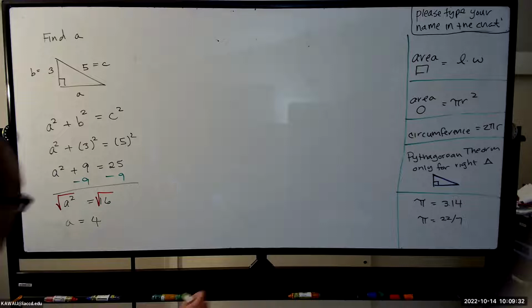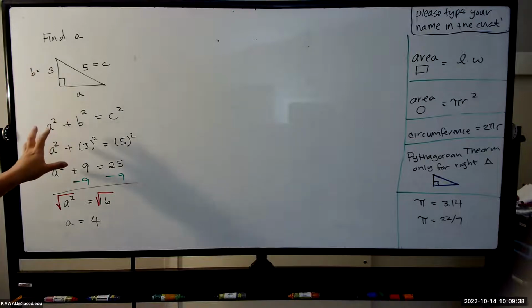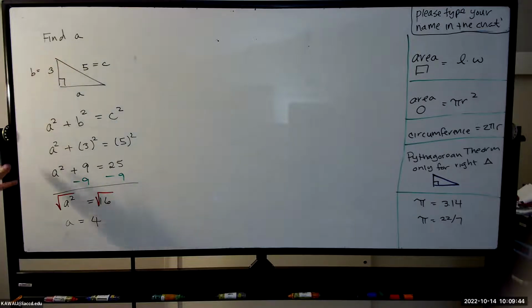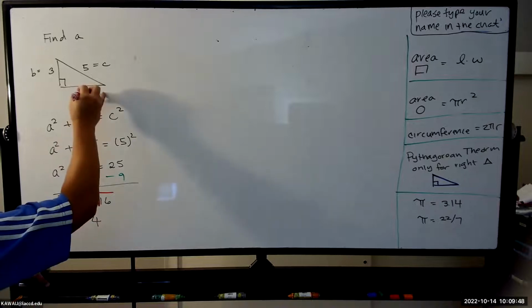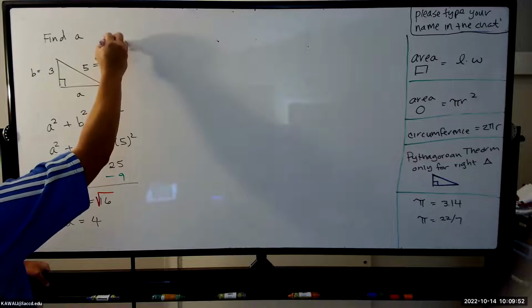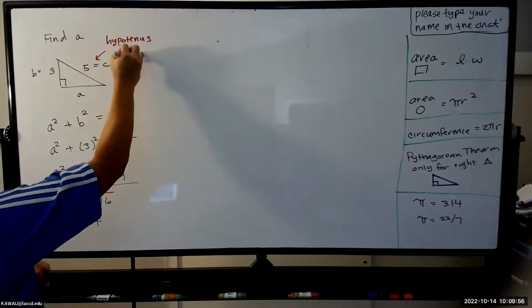that's better. Now let's start talking about the names of the different pieces, because they may not give you an actual triangle, they may describe it. Okay, so this right here is called the hypotenuse. Okay, it's the longest side.